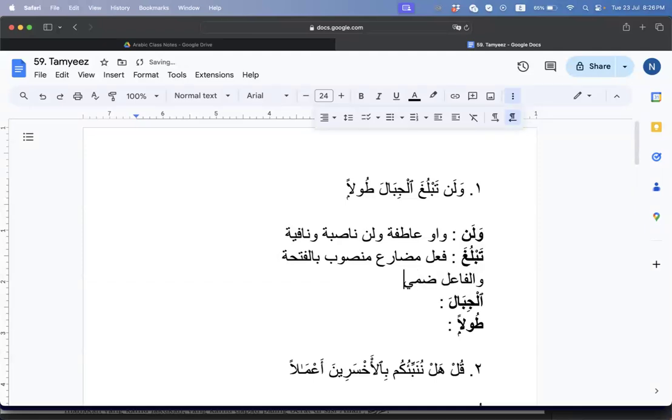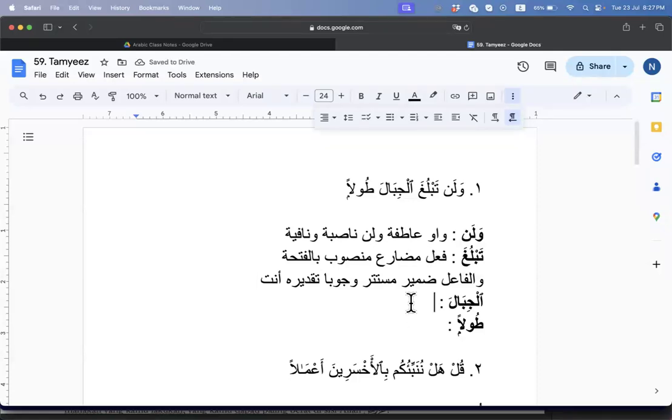So we say domir mustatir. Jawazan mustatir or wujuban? Wujuban. Takdiruhu anta. From the context, it is anta.